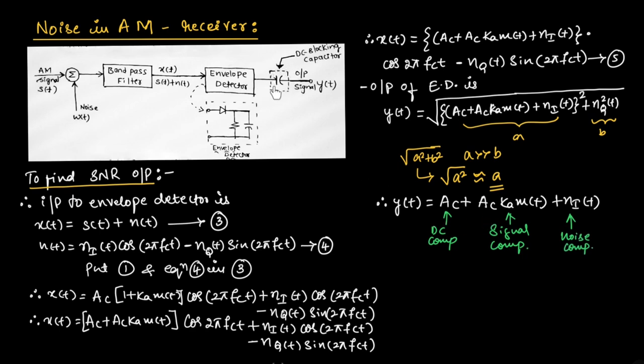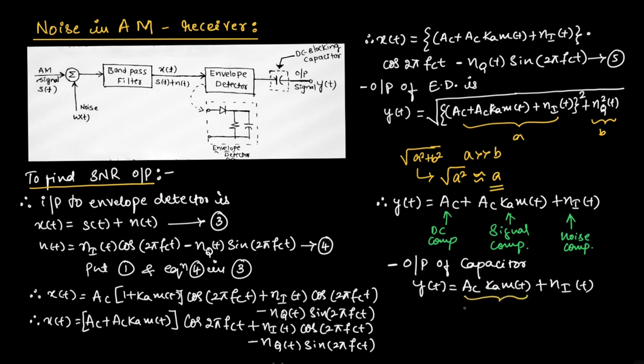Then this signal is passed through a DC blocking capacitor where the DC component gets neglected. After that, the output of the capacitor is y of t, where Ac Ka m of t is the demodulated signal and nI of t is the demodulated noise.